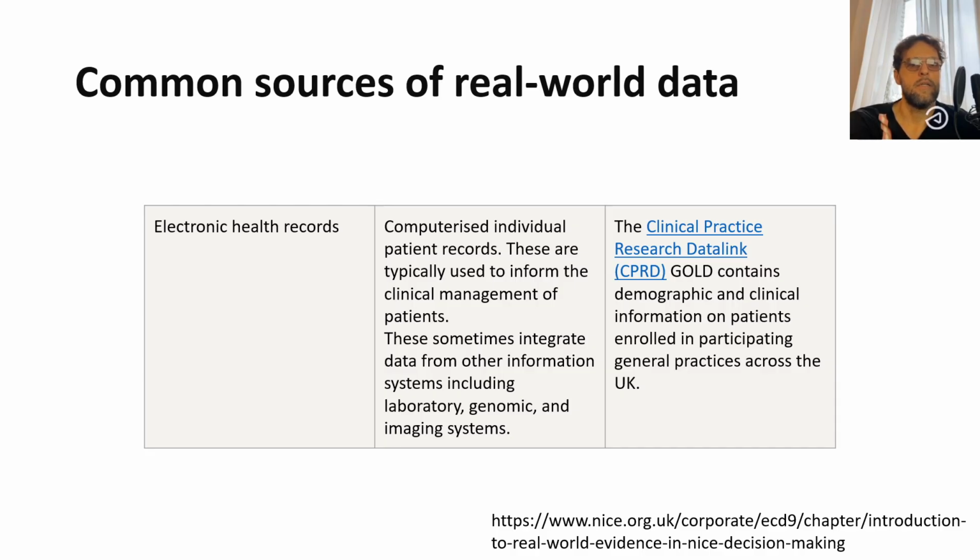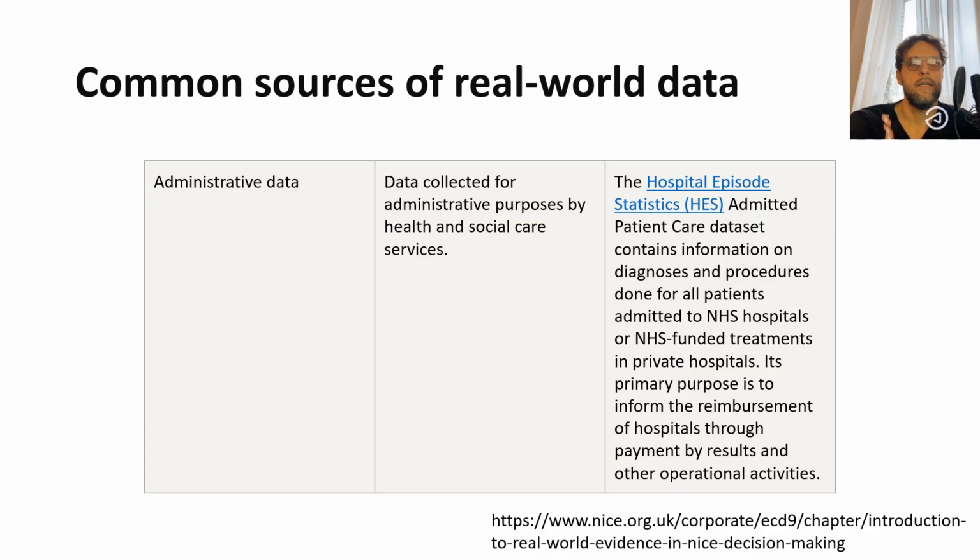So just a few words about data sources once again, and already mentioned health records and administrative data could be used here. For example, when a certain patient was admitted, and information gathered from reimbursement also could be used here.